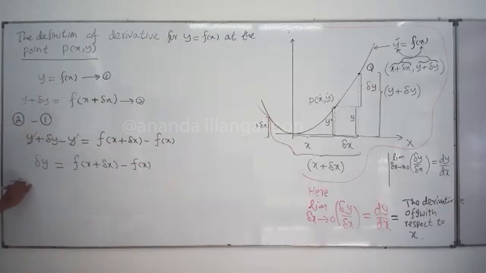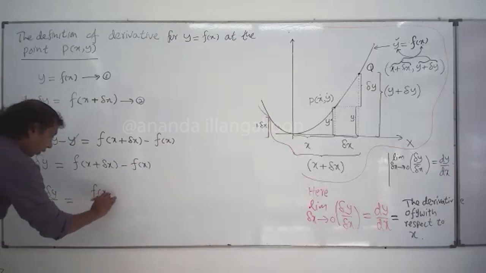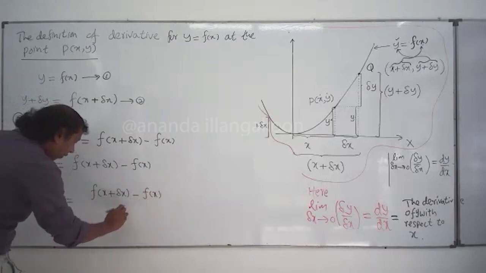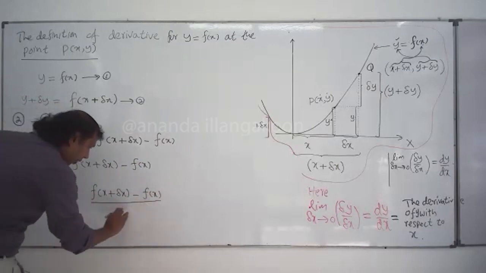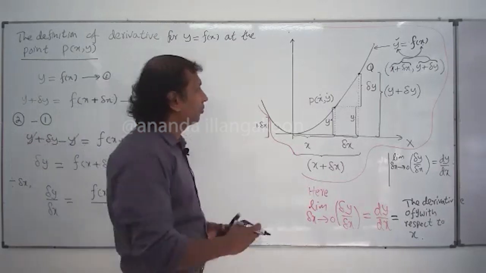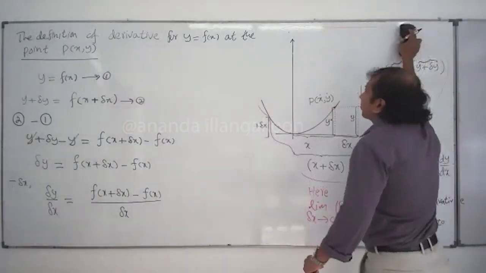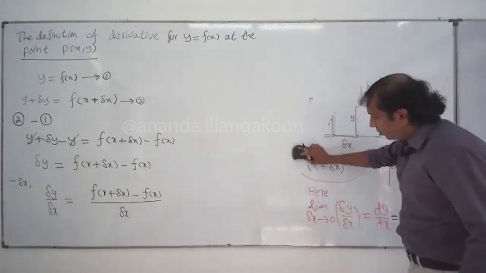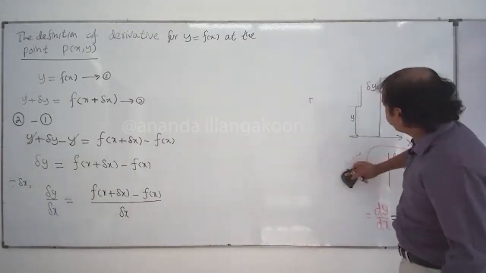Divide both sides by delta x: delta y upon delta x equals f of (x plus delta x) minus f of x, divided by delta x. Now take the limit as delta x goes to 0 on both sides.